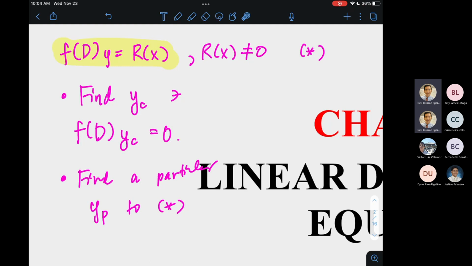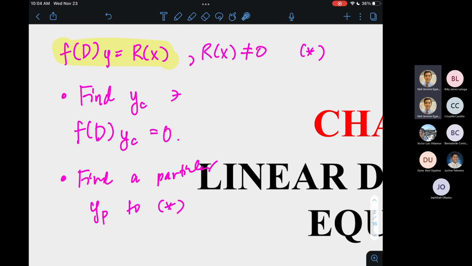Remember what we did there is to get a differential operator g of d such that g of d applied to r will be equal to 0, and then we have a few steps after that, right? Pero may flaw yung method na yon. Ang problema sa method na yon ay nakadepende kay right-hand side r yung method.